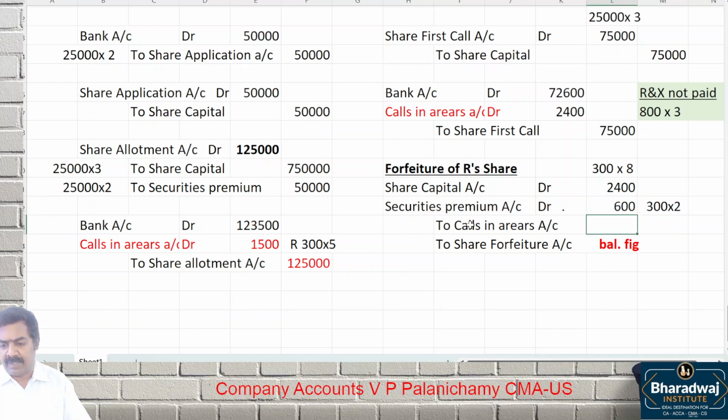Calls in arrears will be 300 shares into which money not paid? Allotment money not paid 5 rupees plus first call money not paid 3 rupees. 300 into 8 rupees not paid.